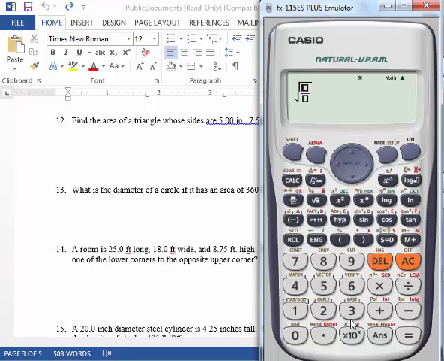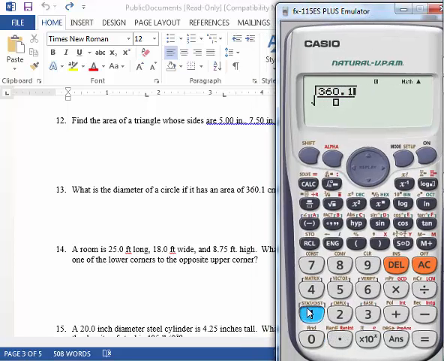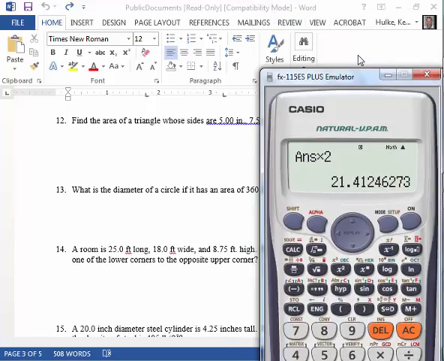Square root of 360.1 over pi. That's the radius, so times 2 will be the diameter, 21.4.